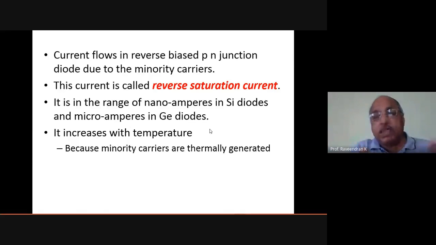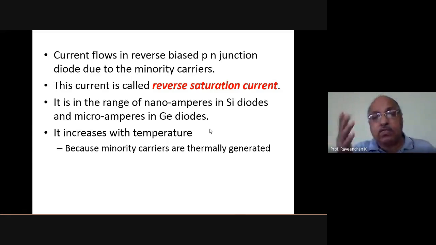In the reverse bias condition also we have seen the nature of the voltage applied across the PN junction. Here the voltage polarity is reversed, and even then what happens in the junction, how the depletion region is widened, and what actually makes the current flow through the PN junction under reverse bias condition, that is reverse saturation current.